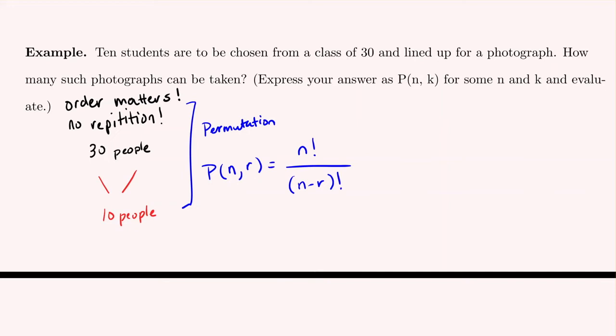So all that's left is to identify what is n, what is r, and then correctly apply the formula and simplify our answer. n is always the larger starting number, so it's the permutation of 30 people, selecting only 10 of them. And then take a moment to write out the formula if you know that n is 30, r is 10. I recommend you pause the video, write out the formula, and then unpause.